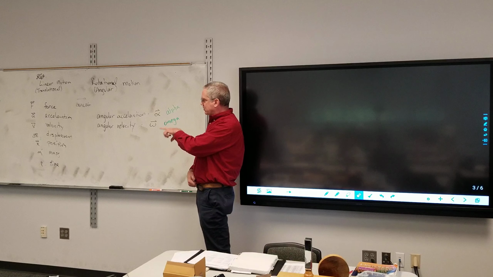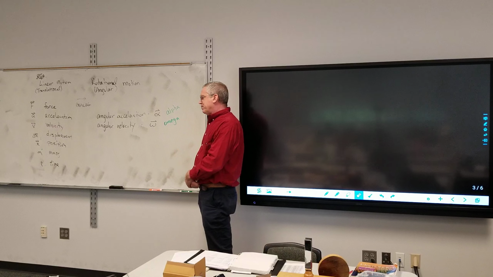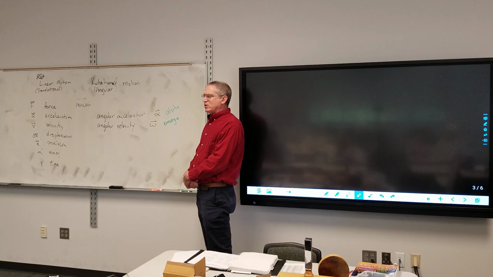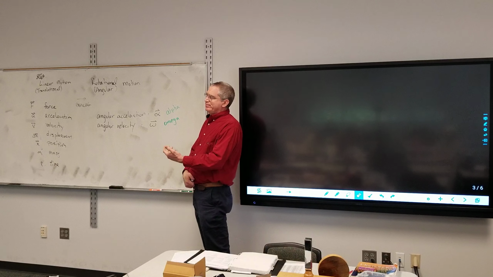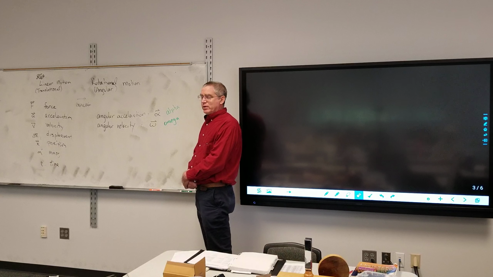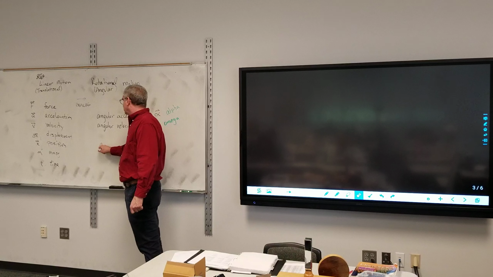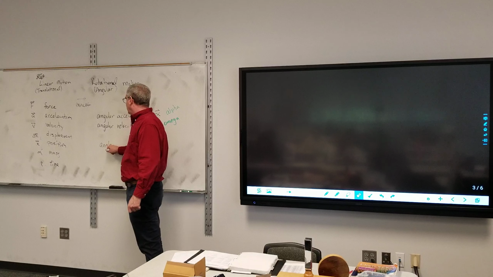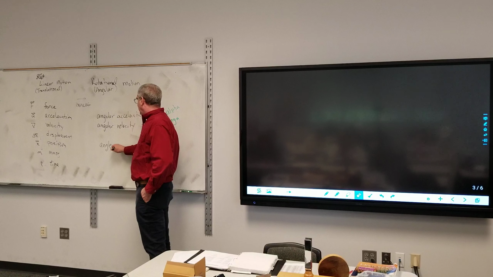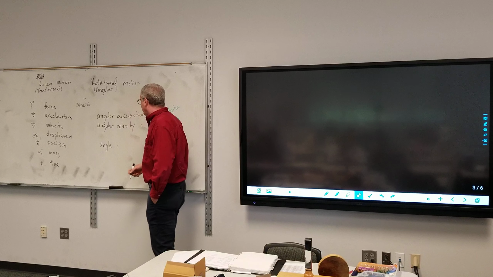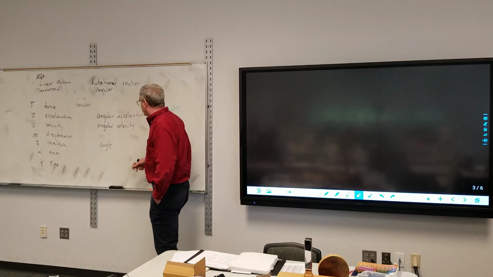Now, I'm going to skip displacement for a second and come back to it. Position, there is a rotational analog for position. It is not angular position. It's just generally called angle. And there are a couple symbols that are traditionally used, just like with regular position: x, y, z, r, s are the common ones.